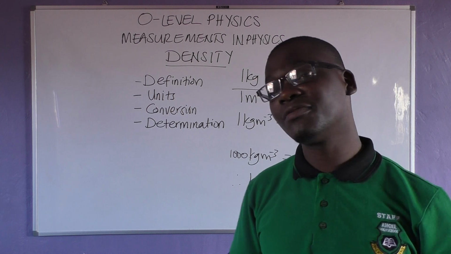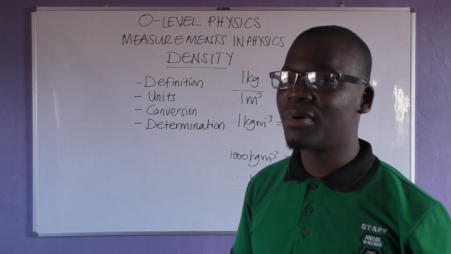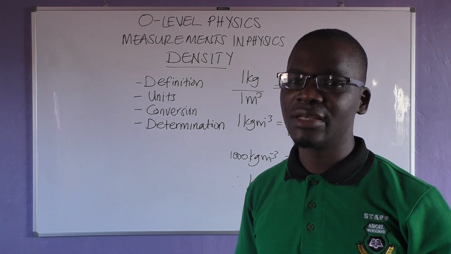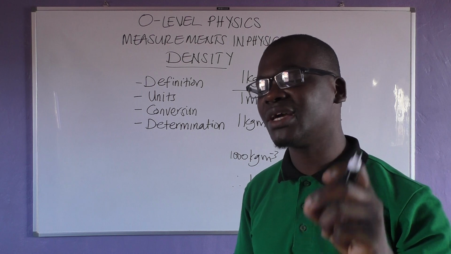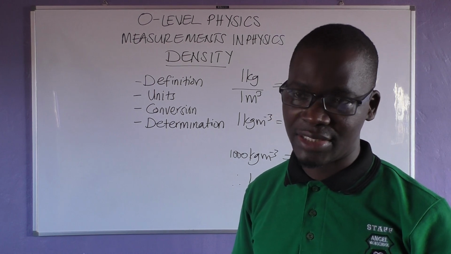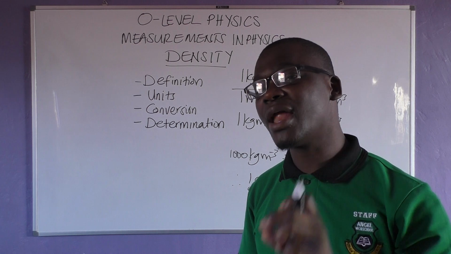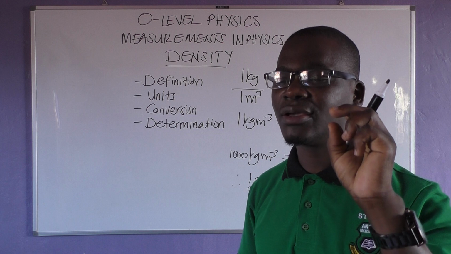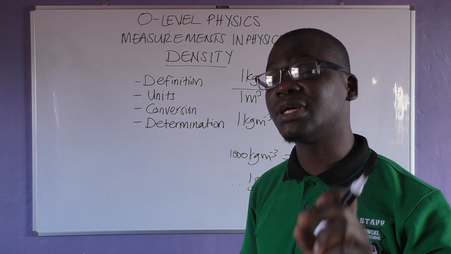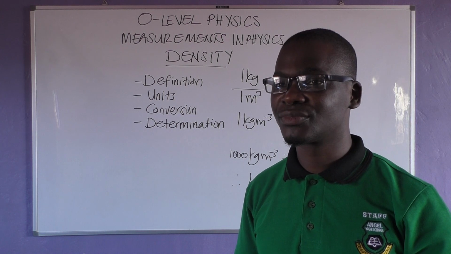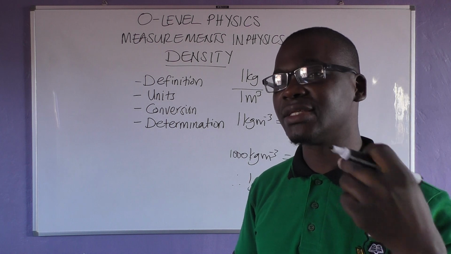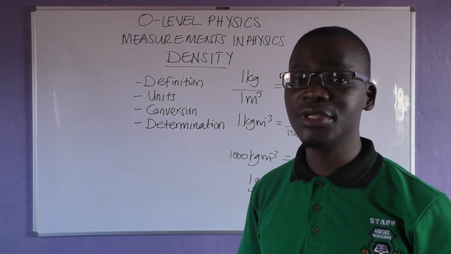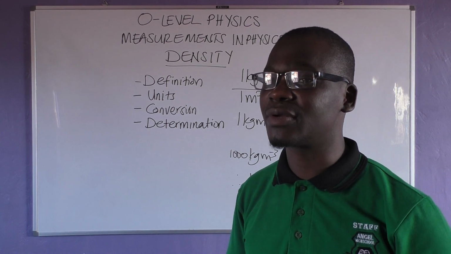The applications of density. Density can be applied in a lactometer, the instrument we use to determine the amount of water in milk. It can also be applied in determining the air to be used in a hot air balloon, because we need a less dense air, so we determine which air to use basing on density.